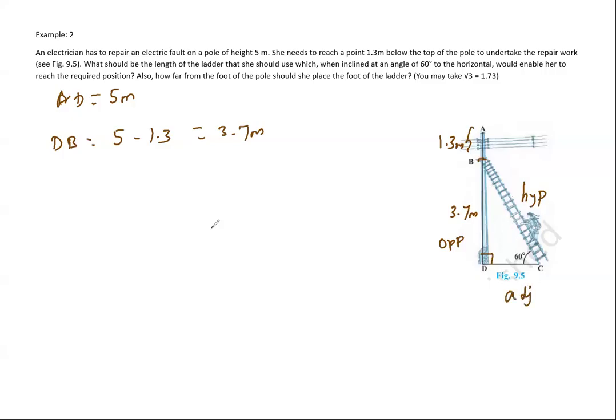So the only ratio that connects opposite and hypotenuse is sin theta. Sin theta is equal to opposite by hypotenuse. So now sin 60 is equal to 3.7 by BC. Sin 60 value is root 3 by 2.